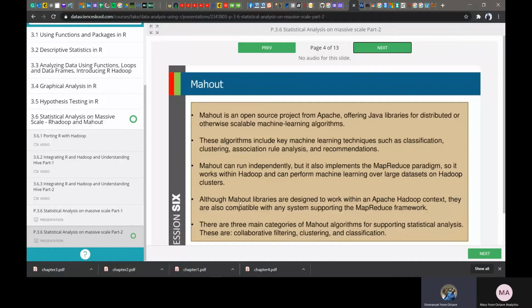Although Mahout is designed to work within the Apache Hadoop context, it is also compatible with any system supporting the MapReduce framework. We have three main categories: collaborative filtering, clustering, and classification. Let's discuss these three algorithms in the next slide.